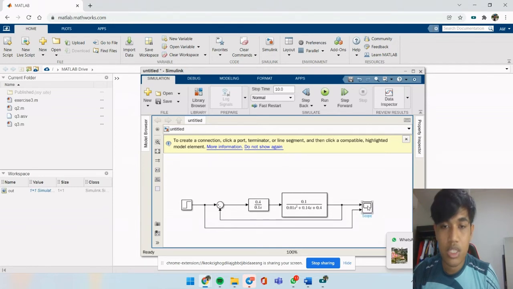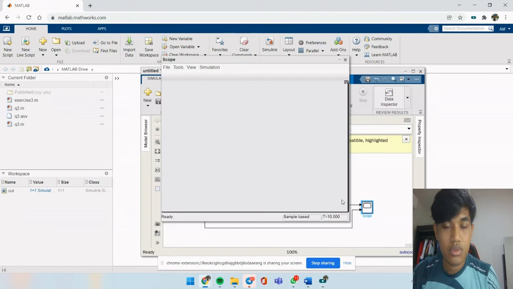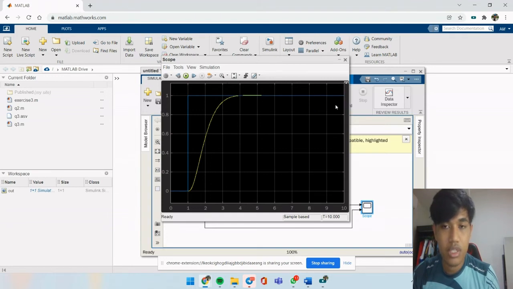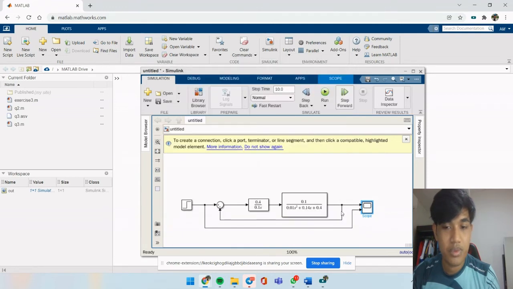We need to see the response of the transfer function and the transient response. We can see that at the end of the graph it is at a steady state. Yes, it is the transient response. Okay, that's all from me. Thank you.